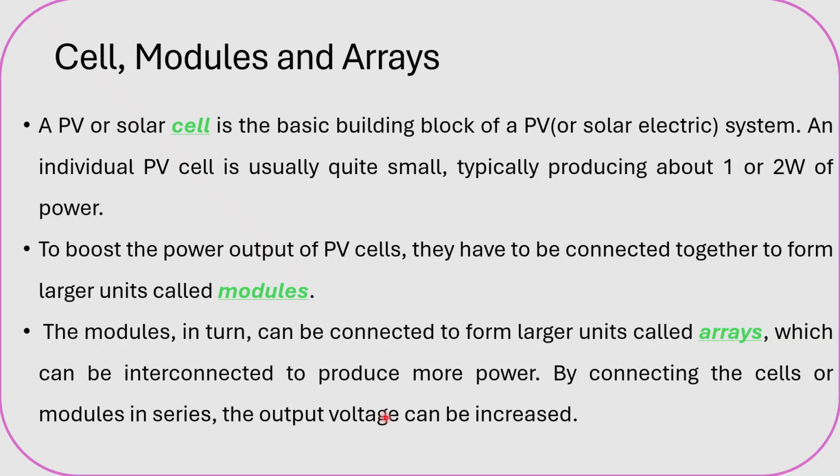That gives more power. If we integrate them properly, either in series or parallel, then mostly in series the output voltage is increased. On the other hand, the output current can reach higher values by connecting the cells in parallel.